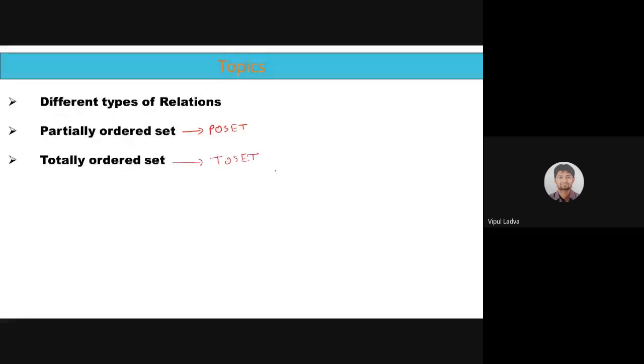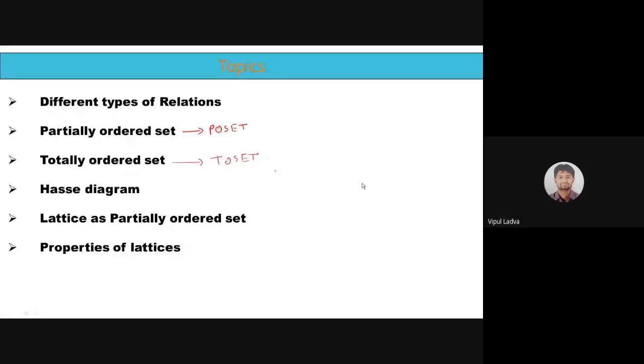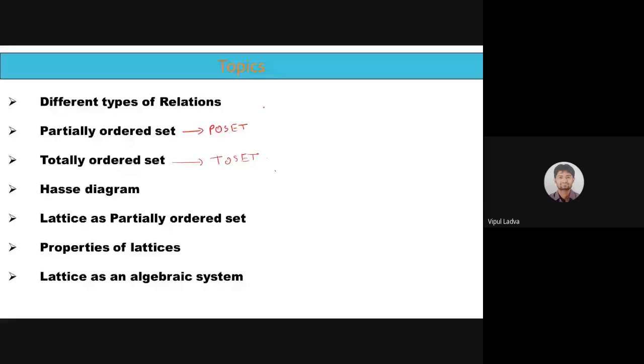After covering POSET and TOSET, the next topic will be Hasse diagram: how to draw a Hasse diagram for the totally ordered set. After that, we will move to the lattices, properties of lattices, and lattices as an algebraic system. So these are our topics in this unit.